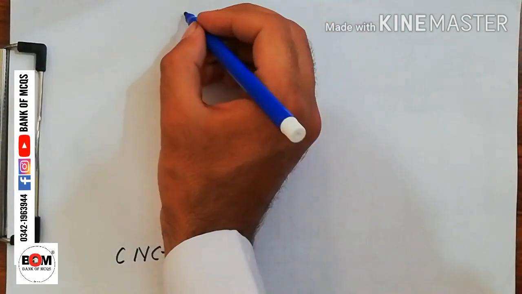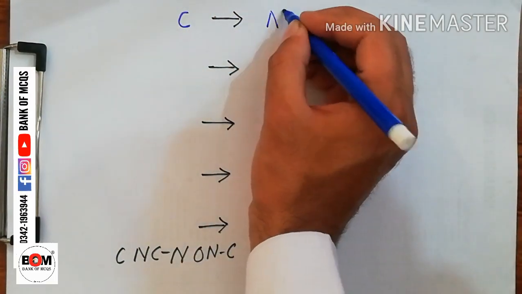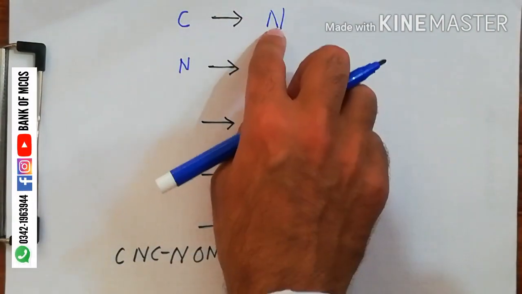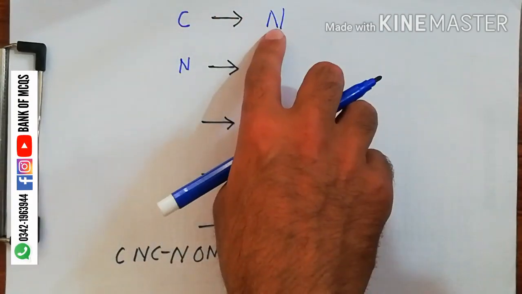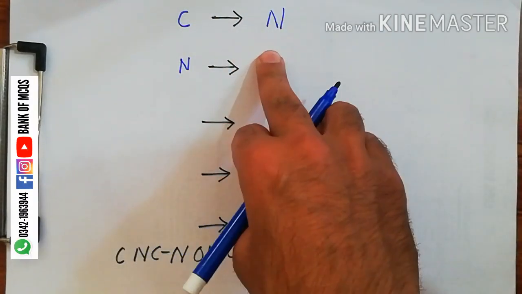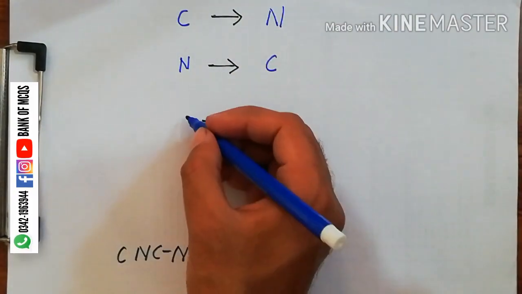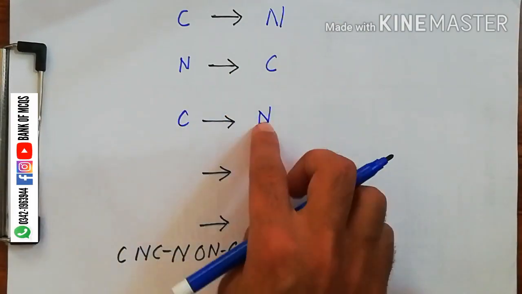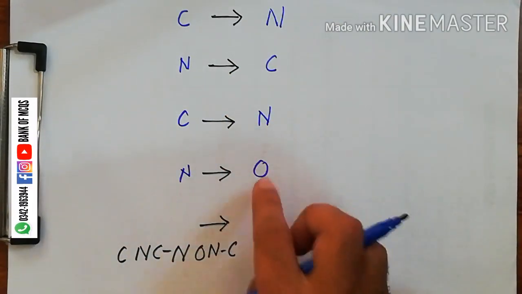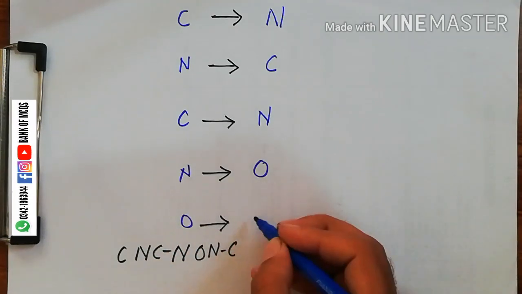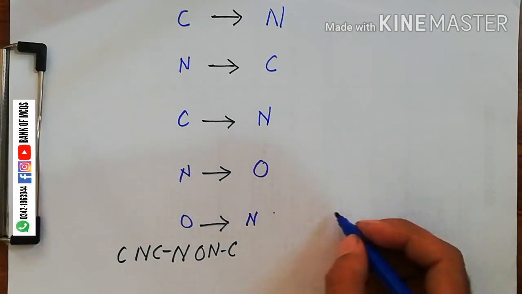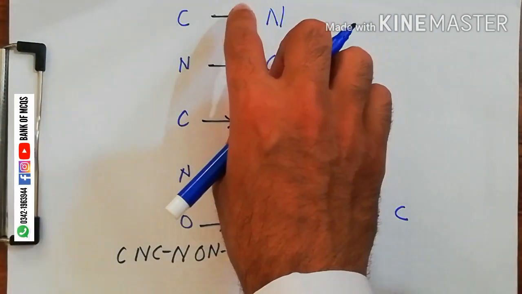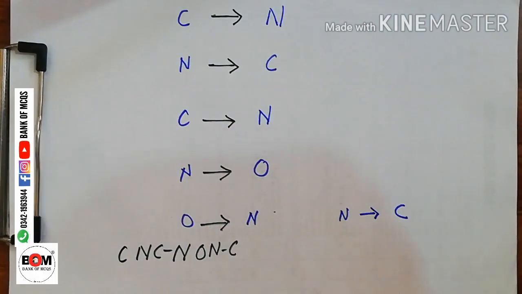It means that first C is converted into N, and in the next step that N is converted into C. In the next step C will be converted into N, so N will be converted into O, and that O will be converted into N, and in the last step N will be converted into C. So 1, 2, 3, 4, 5, 6 are the total reactions.